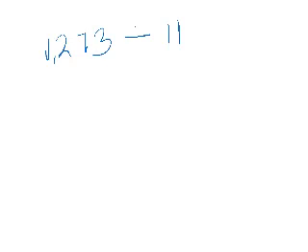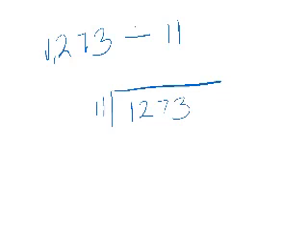Before I start, if I were to ask you what's 1,273 divided by 11, without a calculator. We do 11 on the outside, 1,273 on the inside. So you say, does 11 go into 1? No. So does 11 go into 12?